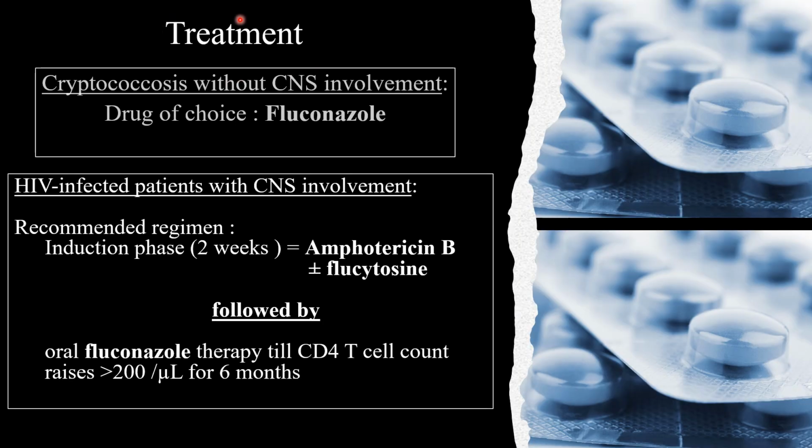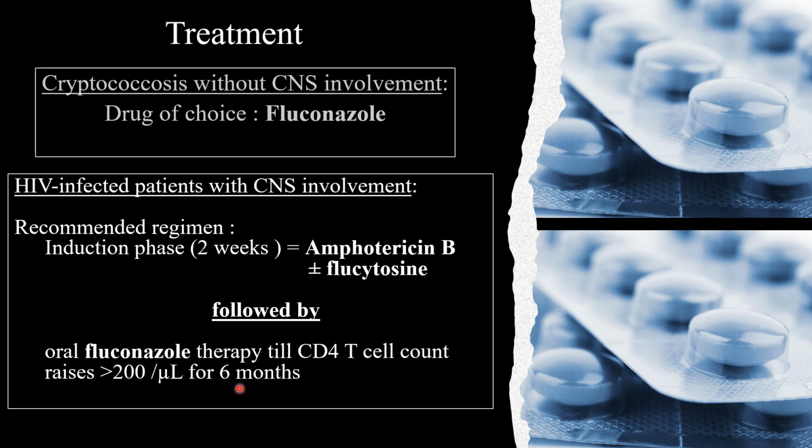Talking about the treatment, it depends upon the type of cryptococcosis. If cryptococcosis is without CNS involvement, then fluconazole is the drug of choice. And if an HIV infected patient has CNS involvement, then we have this recommended regimen. In the induction phase, for the first 2 weeks, we give amphotericin B with or without flucytosine, which is followed by oral fluconazole therapy till the CD4 T cell count rises greater than 200 per microliter for 6 months.